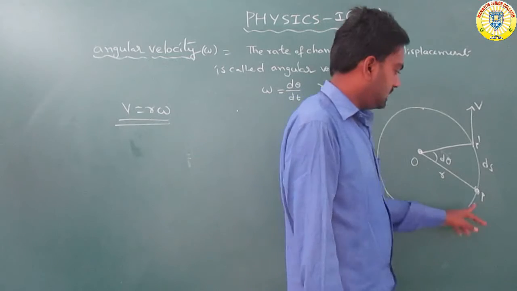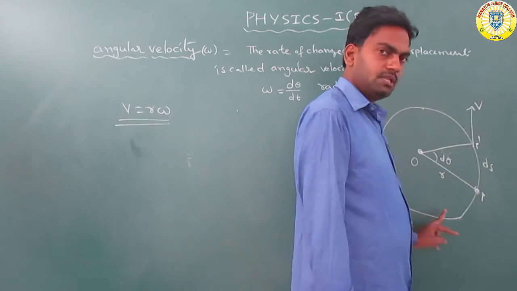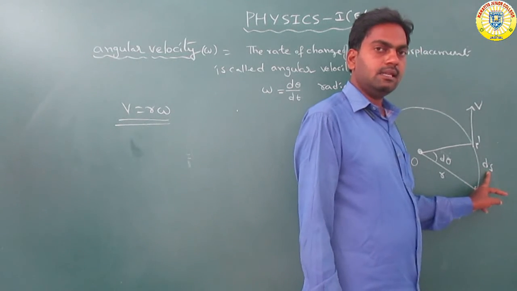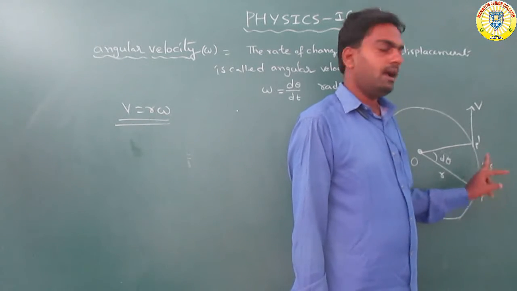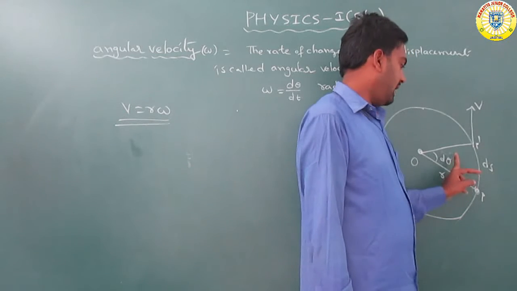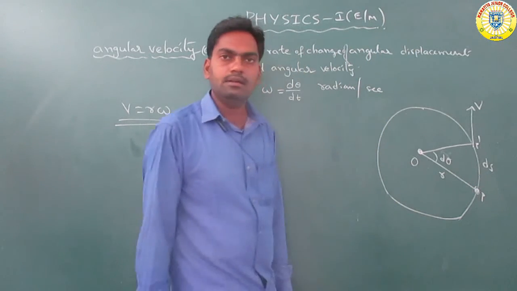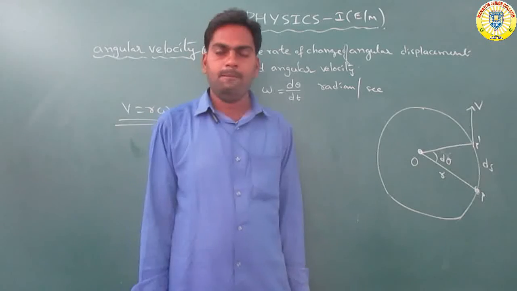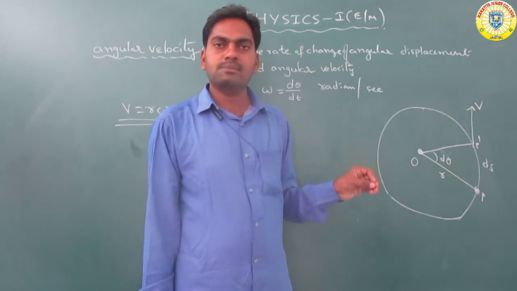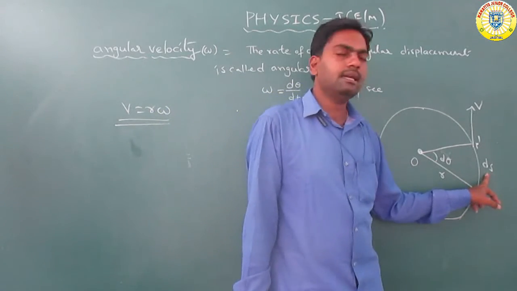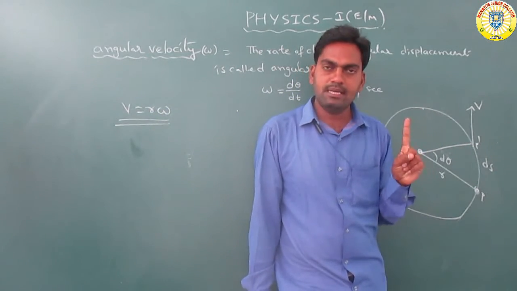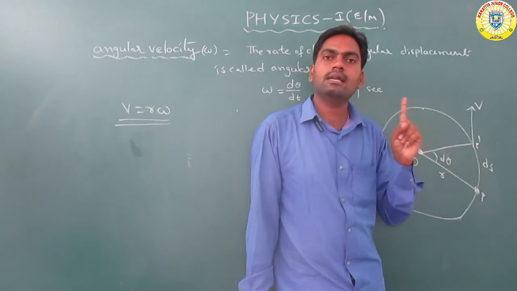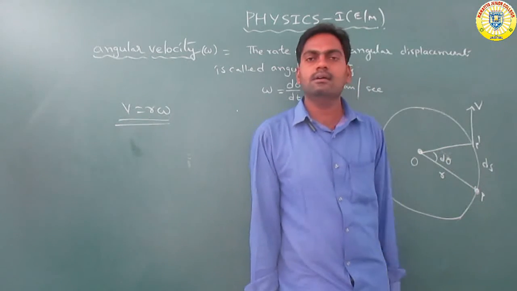The circle has radius r, and the angular displacement is d theta.